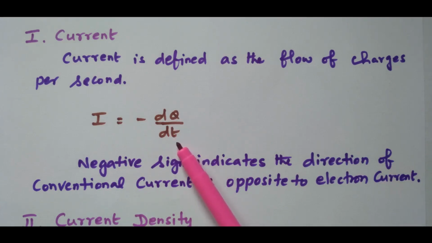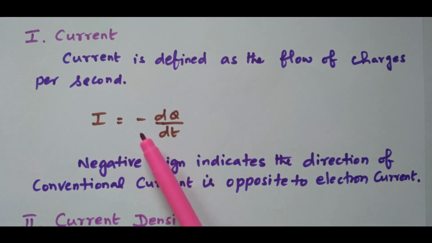The negative sign indicates that the direction of conventional current is opposite to the electron current. So the rate of change of charge is nothing but the current.